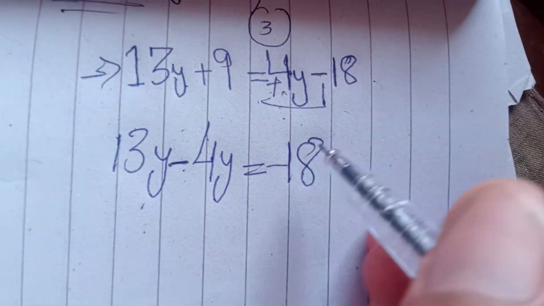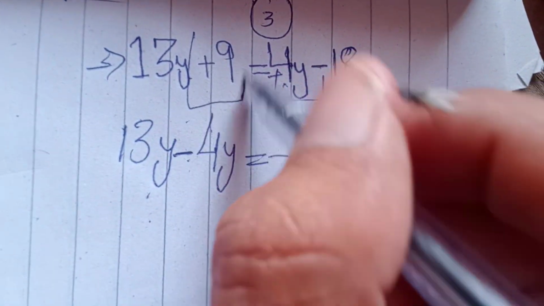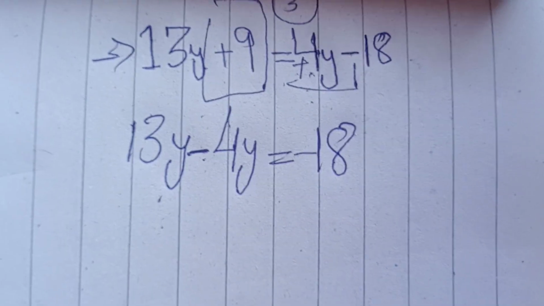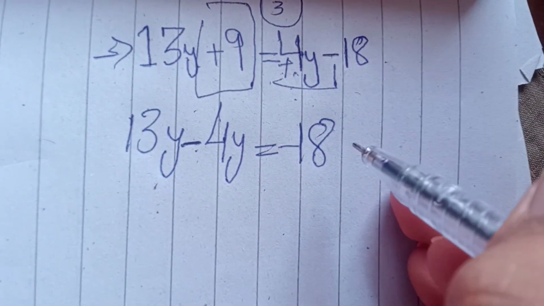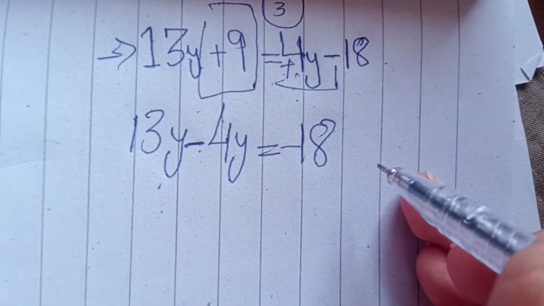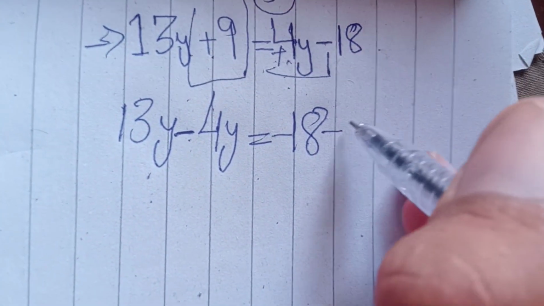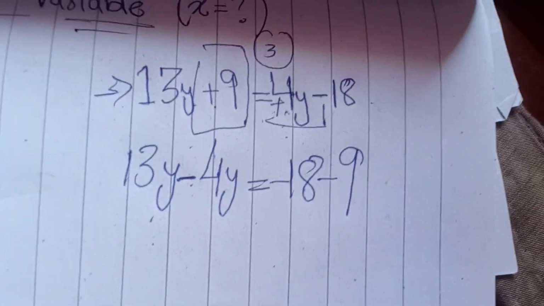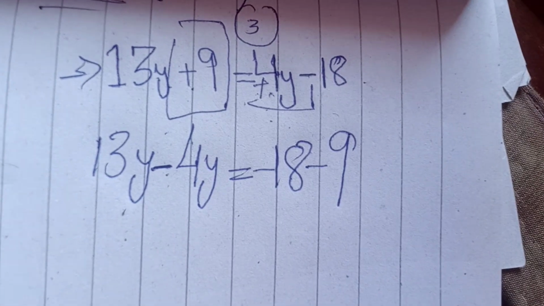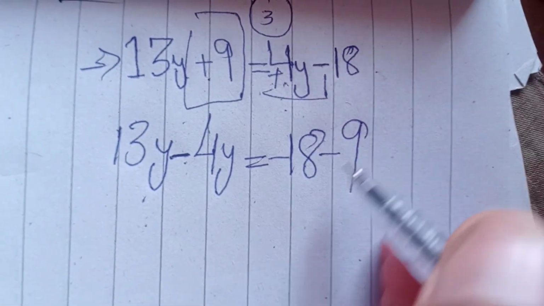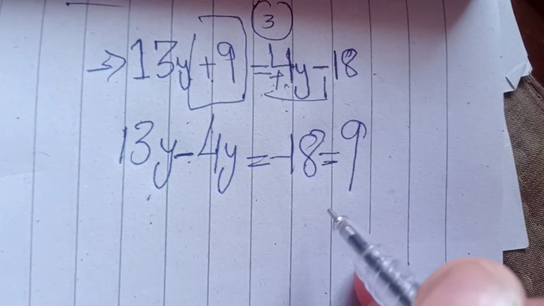Now the plus 9 was ignored for the left side, so we consider writing it on the right hand side. The plus sign will change to minus with 9. The plus 9 moved to the right hand side, sign changed to minus.